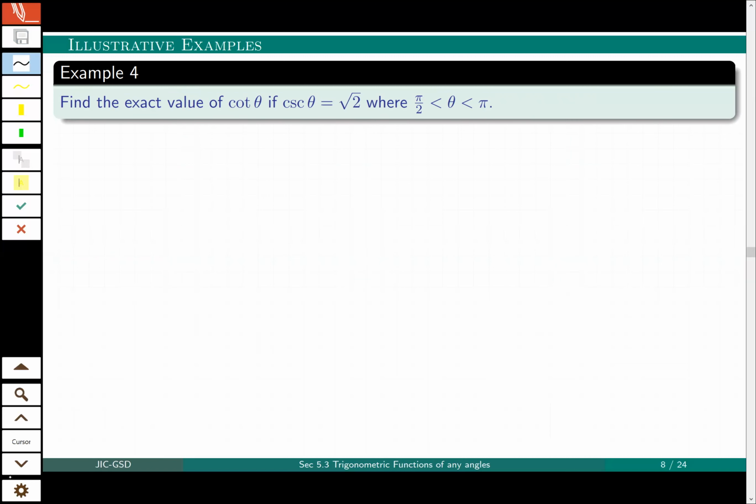Now let's go to another form of testing the idea of trigonometric functions. Here we need to specify in which quadrant, and he gave me which quadrant. He said pi over 2 to pi. Of course, you need to know this is 0.